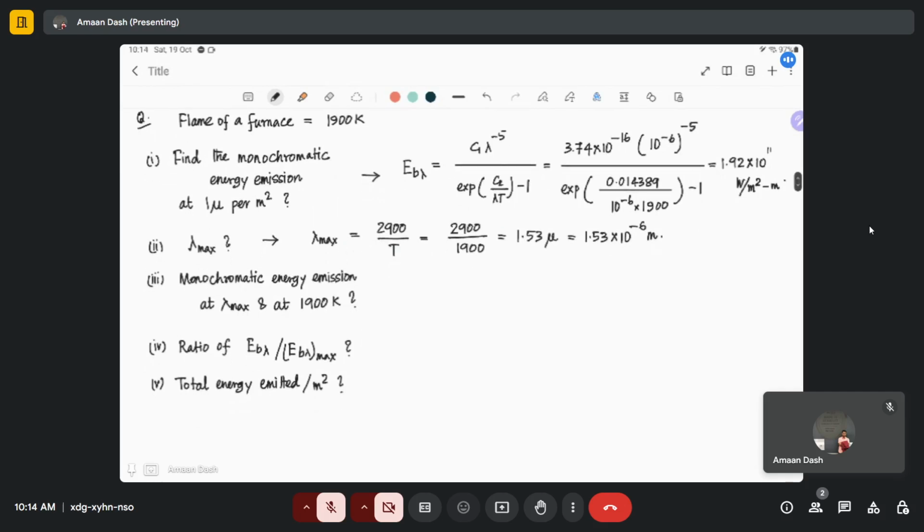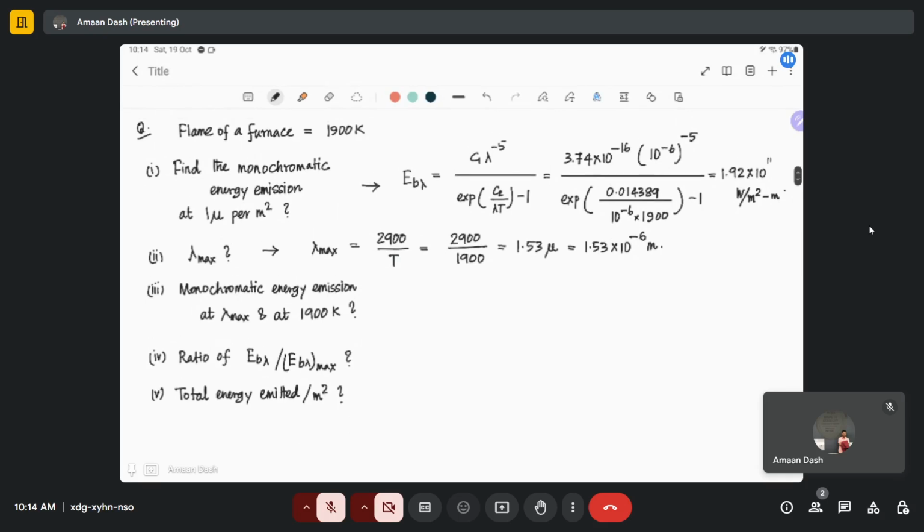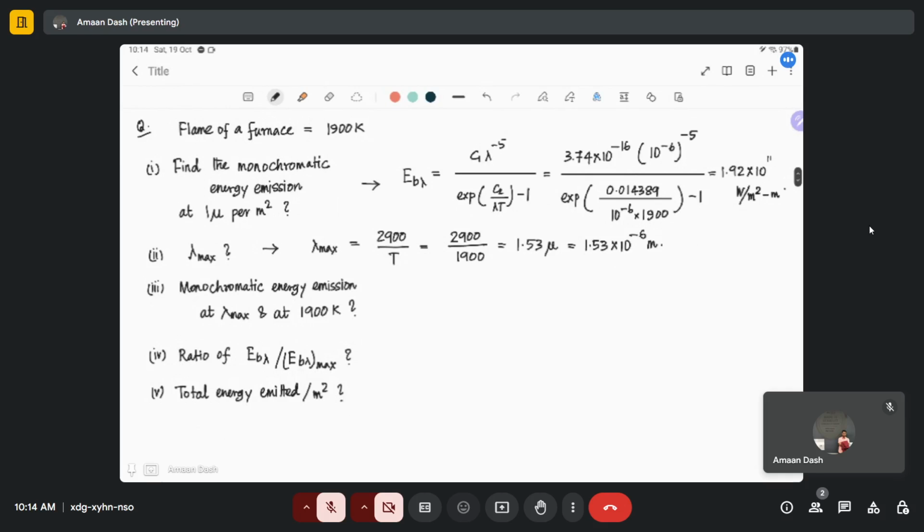Now the next question is, what is the monochromatic energy emission at lambda max and at 1900 Kelvin? For that also we can use the above expression for E_b lambda, but with lambda max.